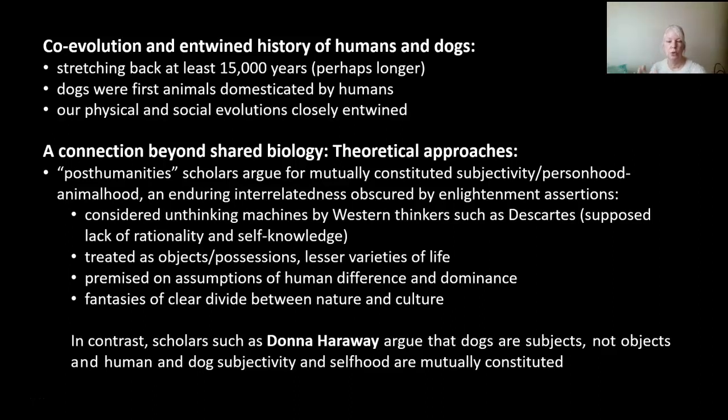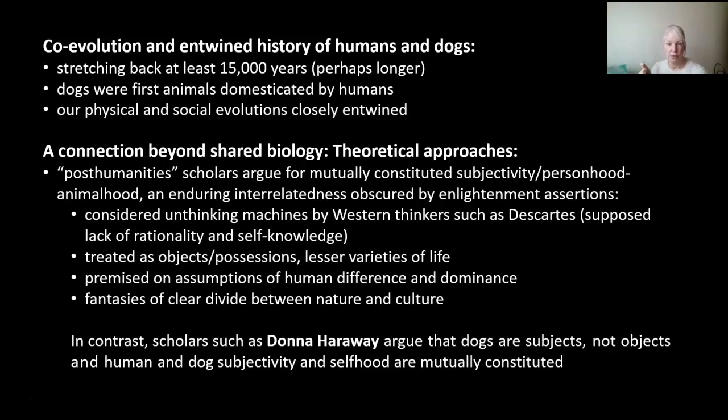So the humanities scholars that I'm alluding to, and one very significant scholar in this category is Donna Haraway, are challenging that notion of hierarchy with humans at the apex and animals as unthinking machines that are either possessions of humans or simply lower down on the hierarchy and not worthy of consideration in the same way that we consider what it means to be human.